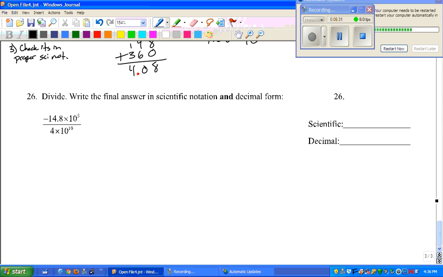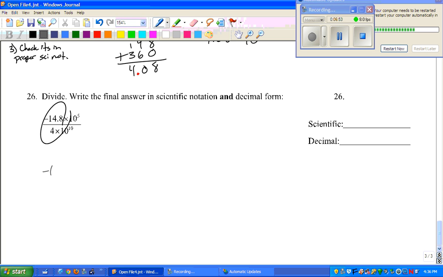Okay? And then the last one, divide, write the final answers in scientific notation and in decimal form. So what we're going to do is follow the rules of the exponents. Okay? We need to divide that.